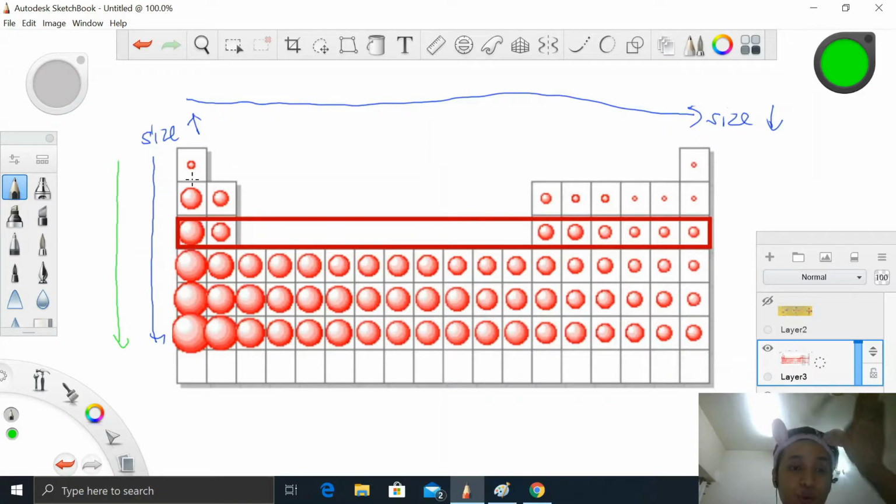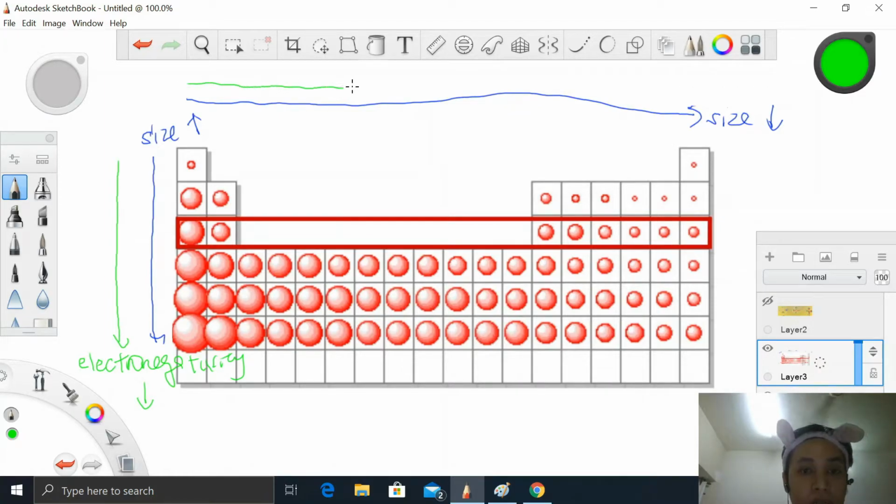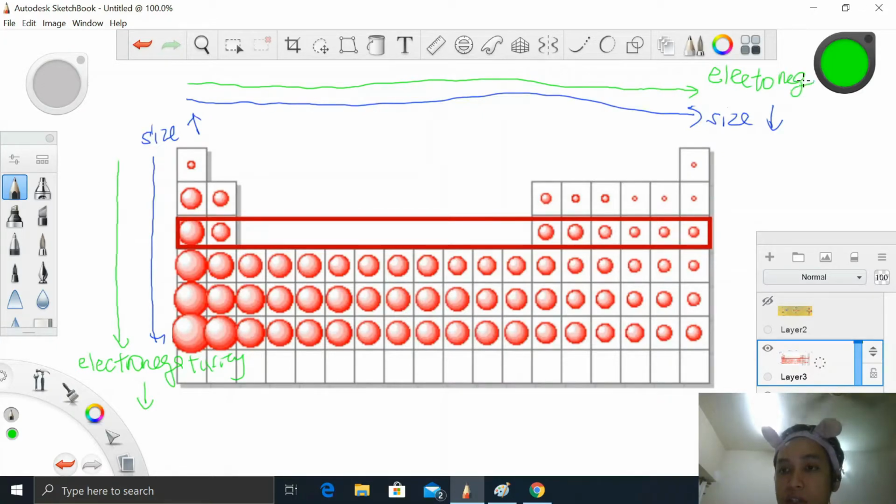As you go down the group, remember size is increasing, so it is more difficult to pull the electrons. So as you go down the group, your electronegativity is decreasing, whereas as you go from left to right, your electronegativity is increasing.